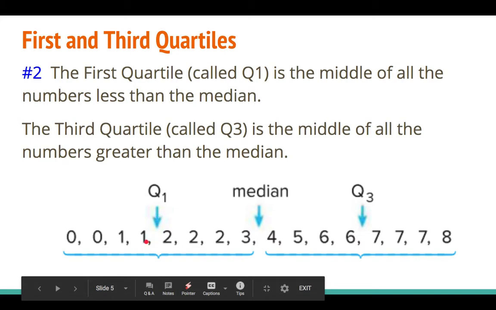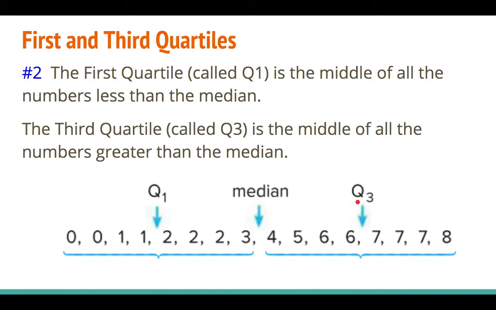In this case, it would be in between 1 and 2, so 1.5. Q3, or the third quartile, is the middle of all the numbers greater than the median. So here's all the numbers bigger than the median, and Q3 would be right in between 6 and 7, so 6.5. We would call that Q3, or the third quartile.